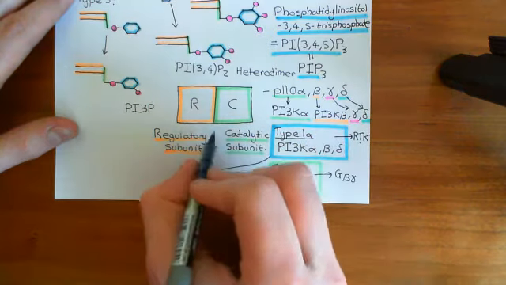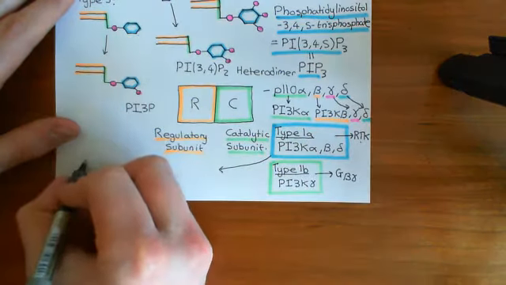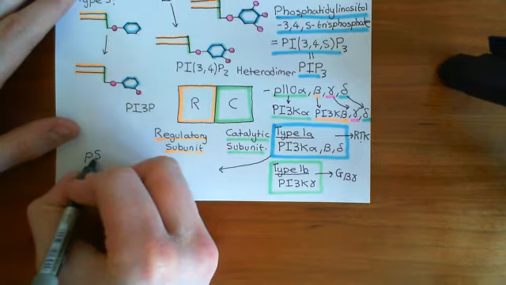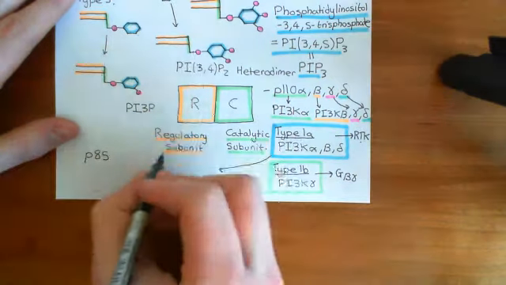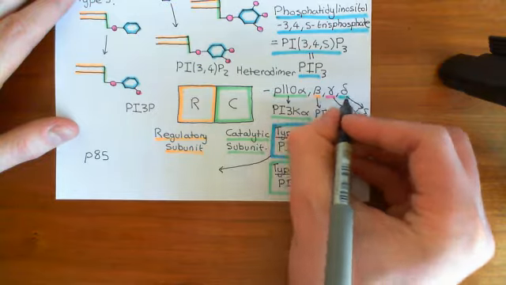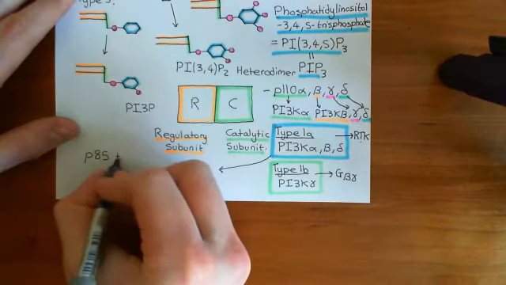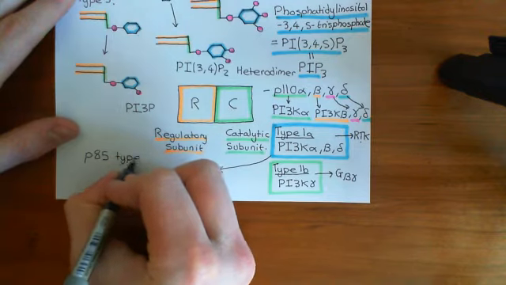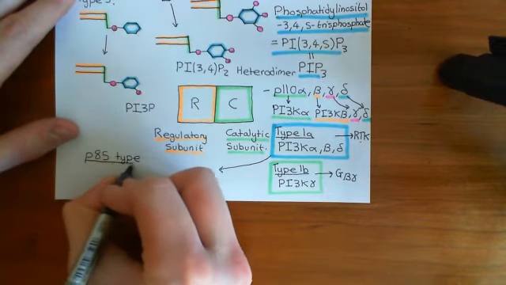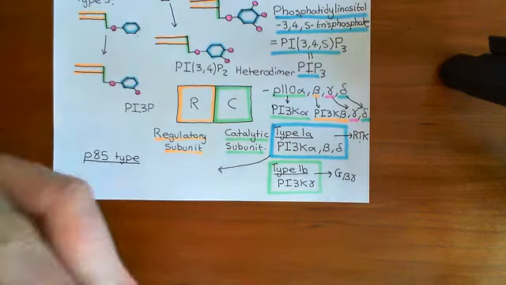We don't care what the regulatory subunit is. However, there are actually 5 different regulatory subunits that you can bind onto any one of these catalytic subunits in the type 1A form. And these are known as P85 type regulatory subunits of PI3 kinase enzymes.